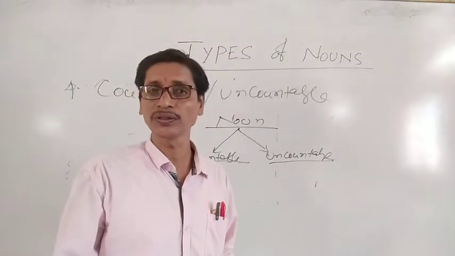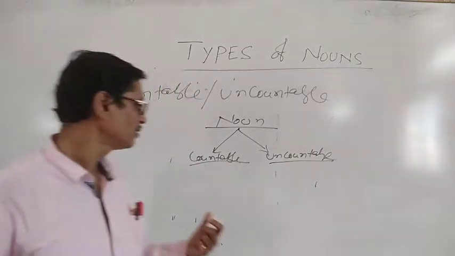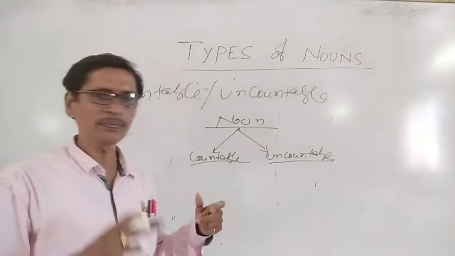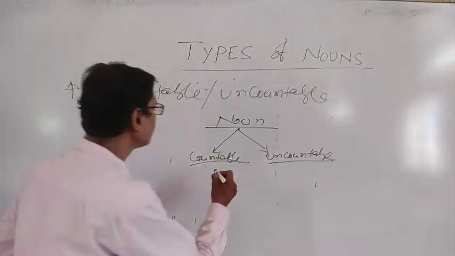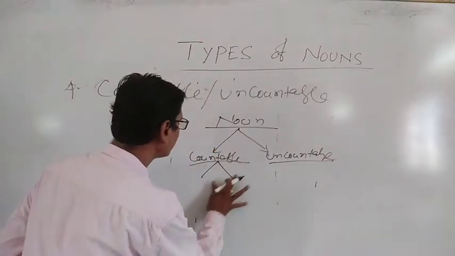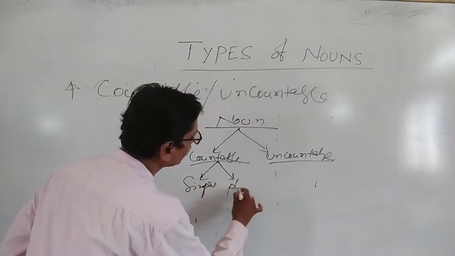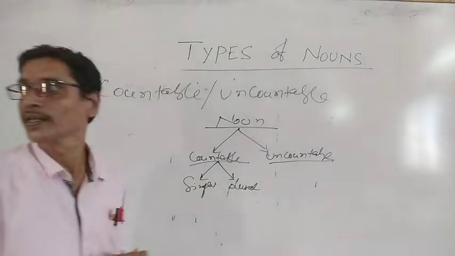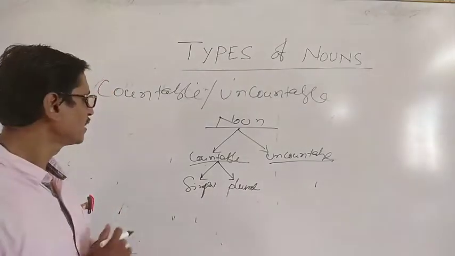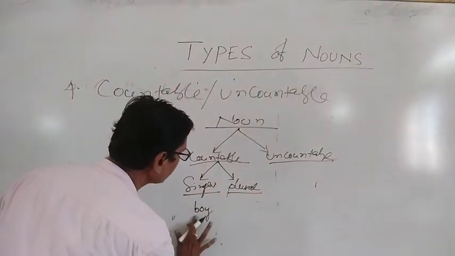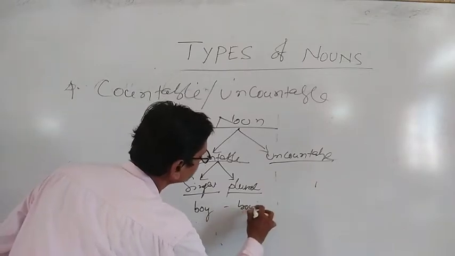When we can count the number of a noun, we can say it is a countable noun. Countable nouns have two forms. One is singular and another is plural form. Singular and plural. For example, boy is singular, whereas boys is plural.